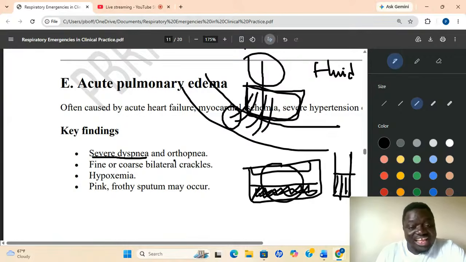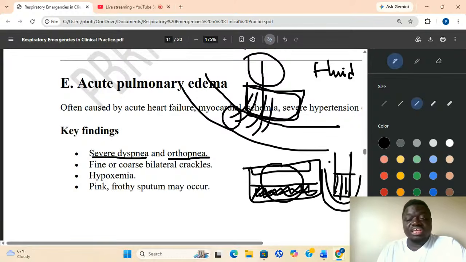If you lie flat or supine, you have breathing difficulties because these blood vessels coming from the heart, some will branch to the base, some will go to the middle, and some will go to the top.